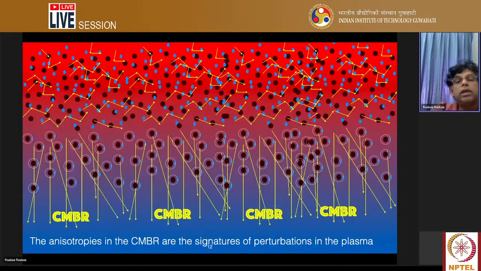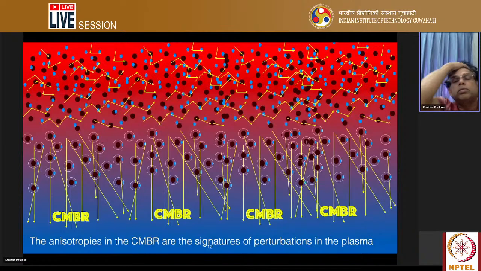So people have tried to understand these fluctuations, these differences in temperature between neighboring points, different regions of the sky. One way to understand that is to think about these photons, as we said, before free streaming, were interacting with the plasma in the universe at that time.